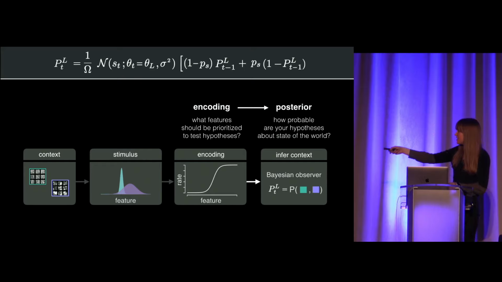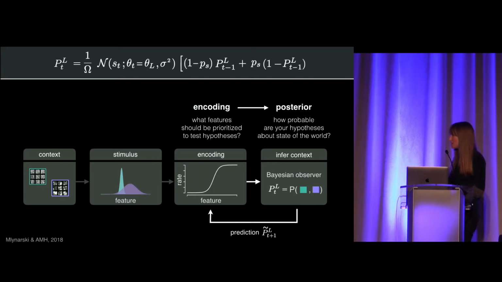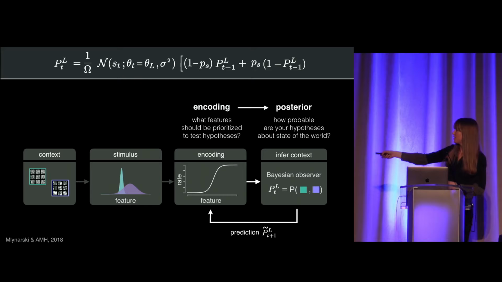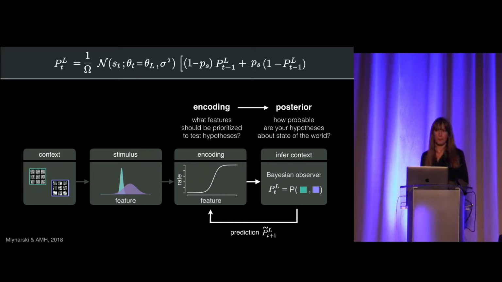And given this type of model, we can make predictions about how the environment might change, time steps in the future, and we can use this to dynamically adapt how we encode information. And so in this way, we can start to couple this process of encoding what's informative about the world and using this to build up models of underlying states of the world. Okay?